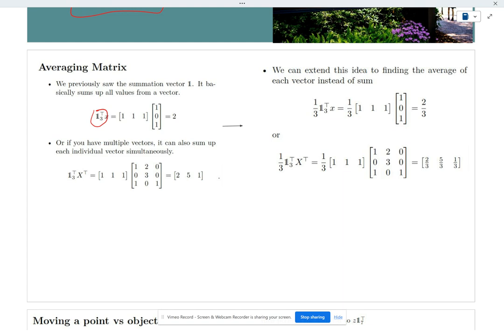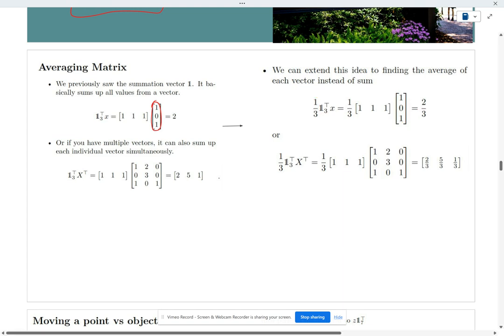After you sum up every value, you can also take the average. So if you add the 1 over n, depending on the size of the vector, if it's 3, then it's 1 over 3. You take the vector, sum it together, and then divide by 3. When you add them up and divide by 3, that's equivalent to averaging.